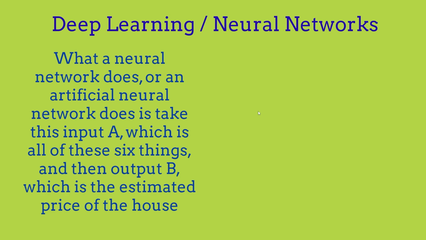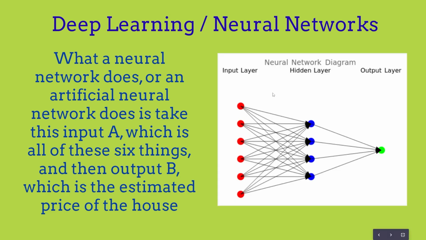Furthermore, what an artificial neural network does is take an input A, which is all the things we talked about in the previous slide for the housing price, and then it has the output B, which is the estimated price of the house. We can refer that back to this diagram here. That quickly summarizes what deep learning and neural networks are.